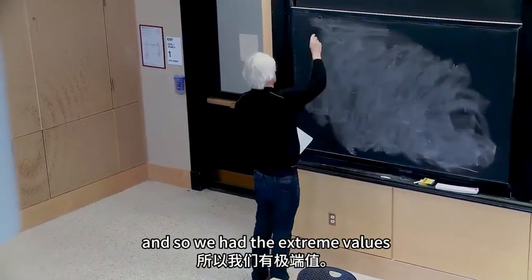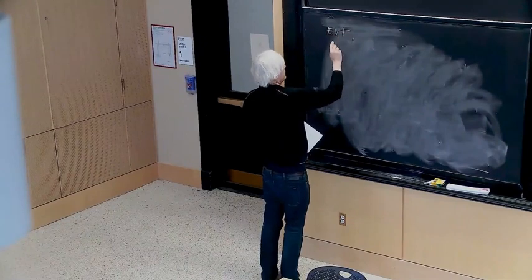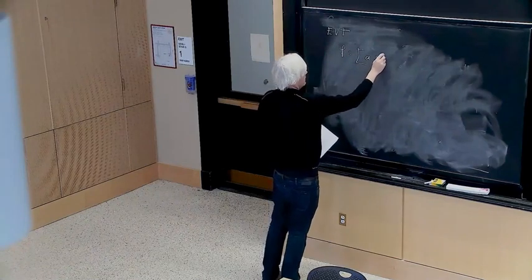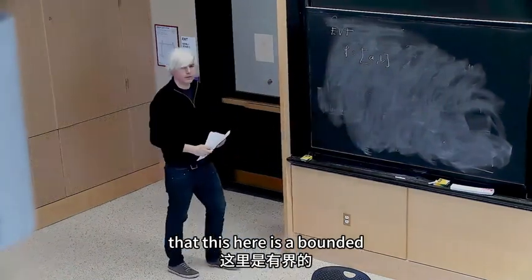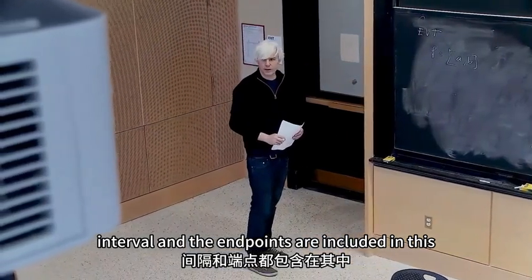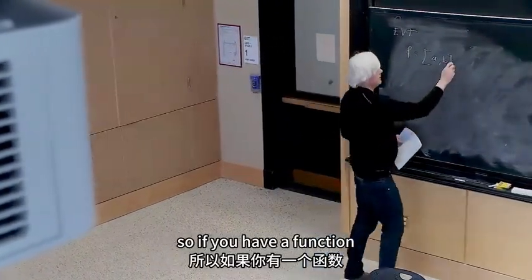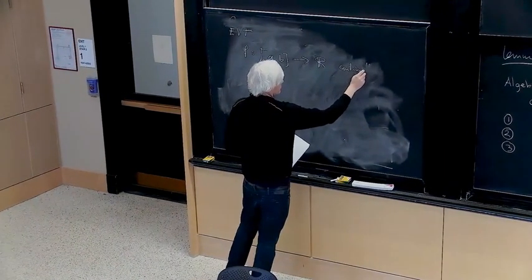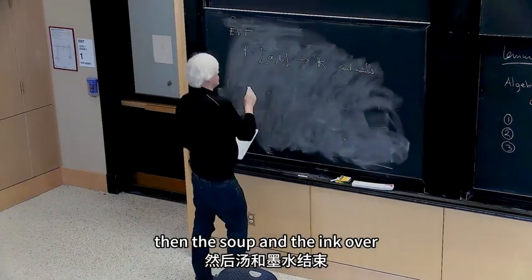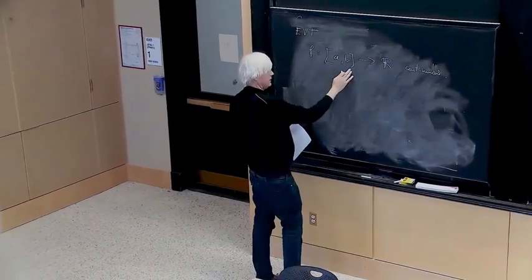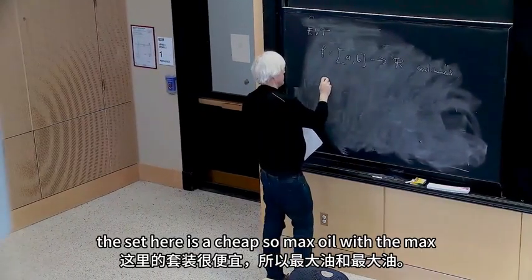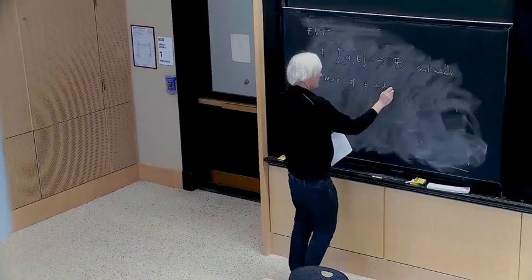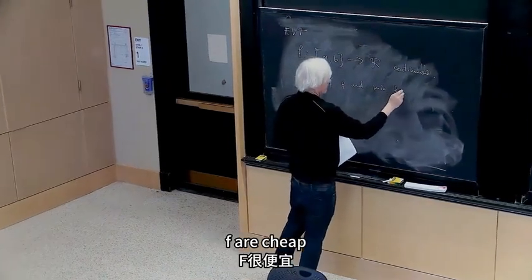The extreme value theorem says that if you have a function, and now it's crucial that this is a bounded interval and the endpoints are included, and the function is continuous, then the sup and the inf over the set are achieved. So the max of f and the min of f are achieved.